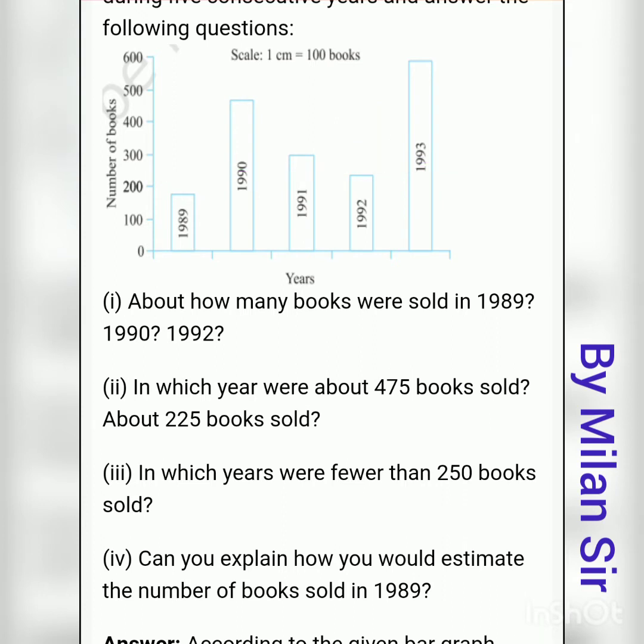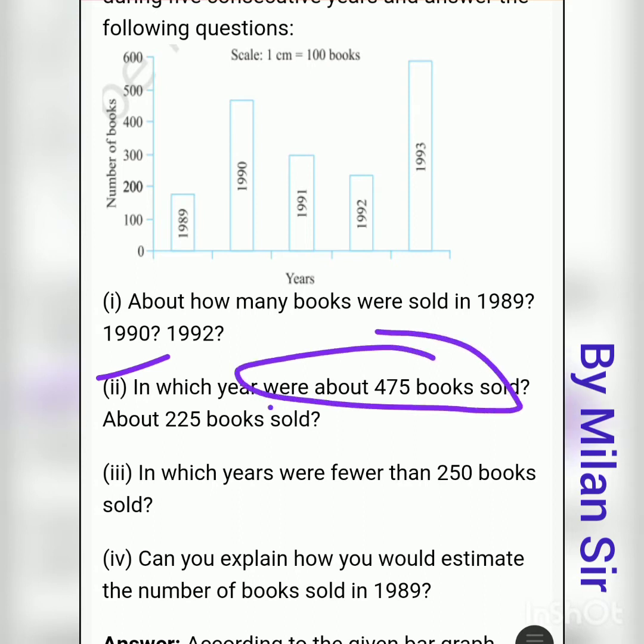Okay, and in question number 1 for 1992 we have already written that 225 books were sold. So here the answer is 1992. So for the second question, in the year 1990, 475 books were sold and in the year 1992, 225 books were sold.